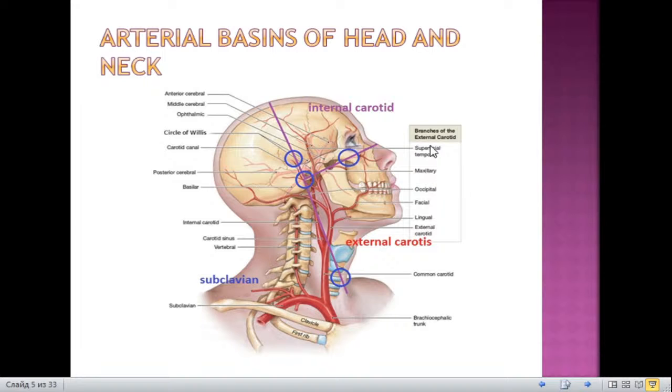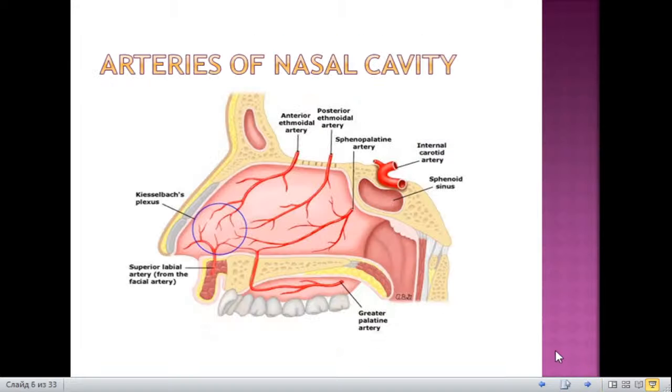So let's continue. We will talk about the places where these arteries anastomose with each other. It is more interesting, in contrast with the simple organs which receive blood from only one artery. So firstly I told you about the nasal cavity. The nasal cavity is like a border between the basin of the external and internal carotid artery.